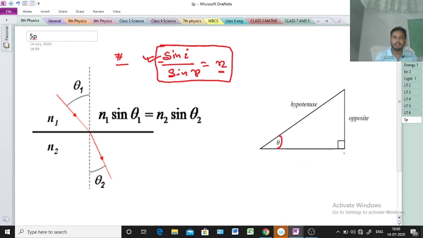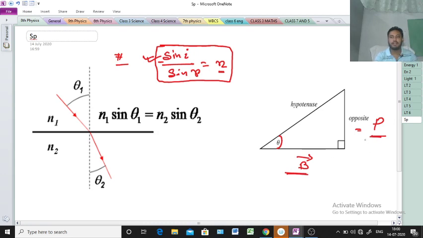If we consider this one is the base, then this one will be the perpendicular, and the long arm, the remaining arm, will be the hypotenuse.